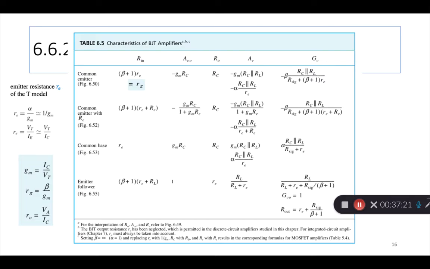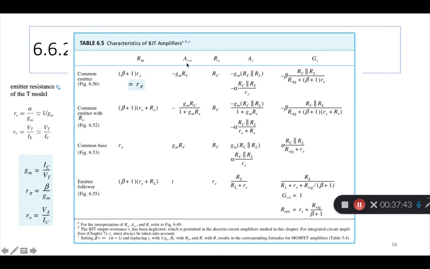All right. So here is the summary of everything that we have studied so far. Common emitter with a resistor, common base, emitter follower. Spend some time, make sure you understand each of these.